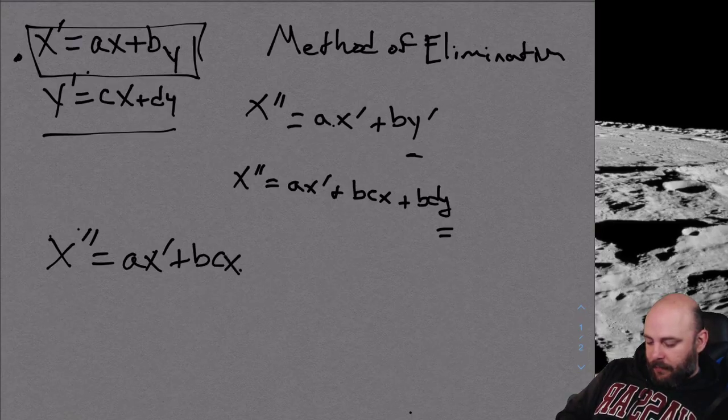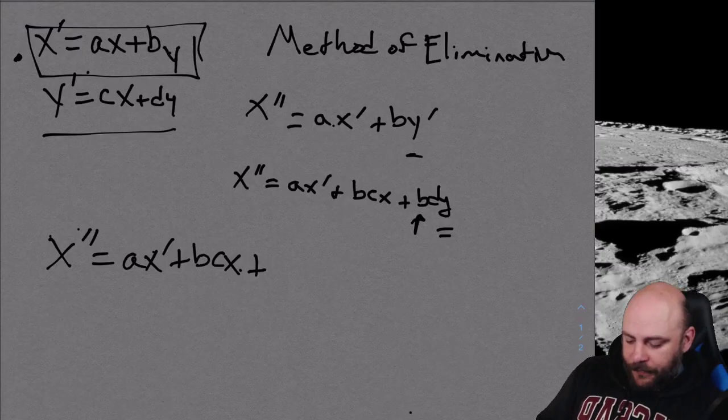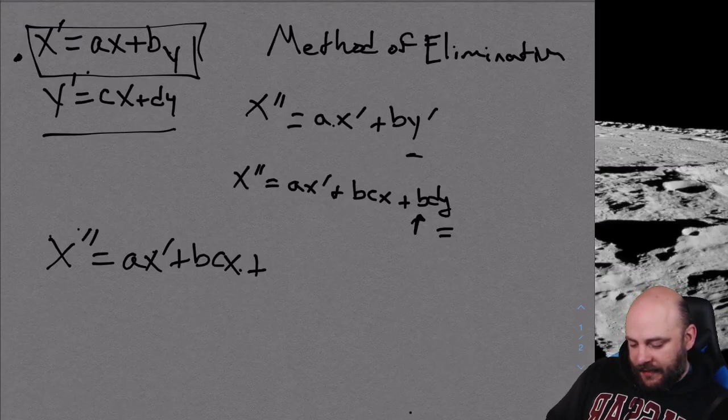a x prime plus b c x, plus, now if I look at the first equation here, if I solve for y, I'm going to be dividing everything by b, and there's a b right there in the front. So those two are going to cancel, and what I'm left with is d x prime minus a d x.